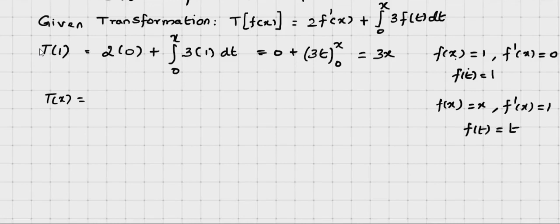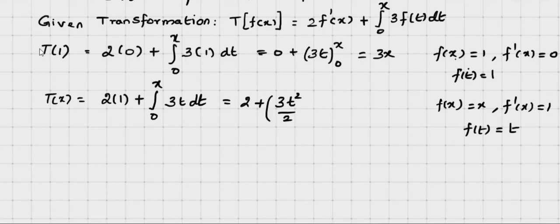That is, f of t means it's very simple. We have to just change x to t on both sides. So that I will be getting f of t equal to t. Simply substitute those things in the expression so that I will get 2 into f dash of x, which is 1, plus the integral from 0 to x of 3 into t dt. The next step, 2 plus 3t on integration will give you 3t square by 2. The limit varies from 0 to x. So the resultant will be 2 plus 3x square by 2.